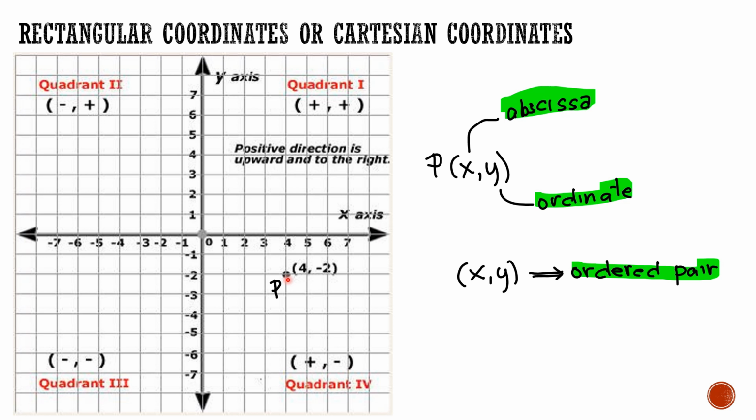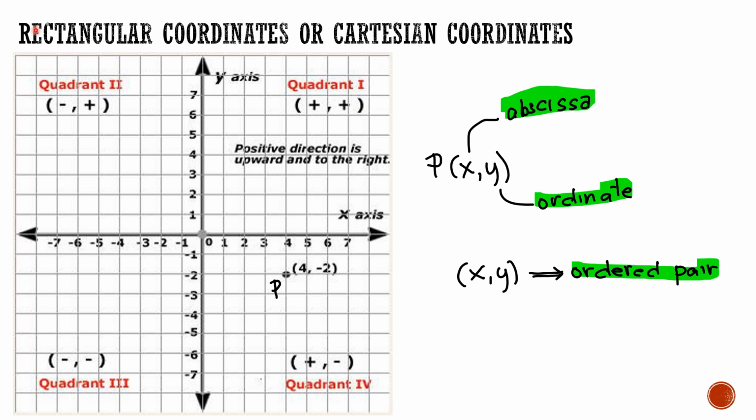Let point P represent any point on the plane whose distance from the y-axis is x and whose distance from the x-axis is y. The value x thus obtained is called the abscissa or the x-coordinate of the point P, and y is called the ordinate or y-coordinate.